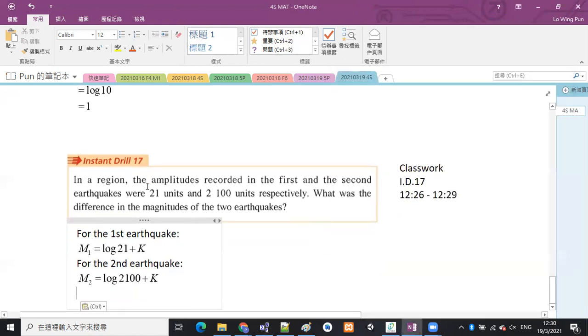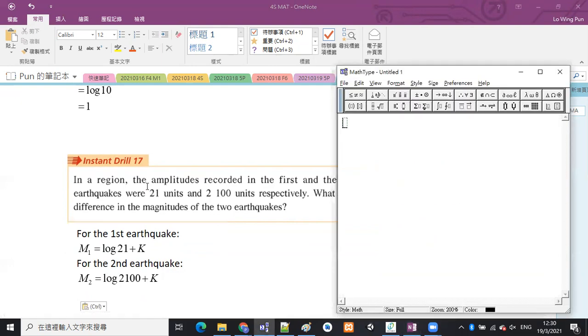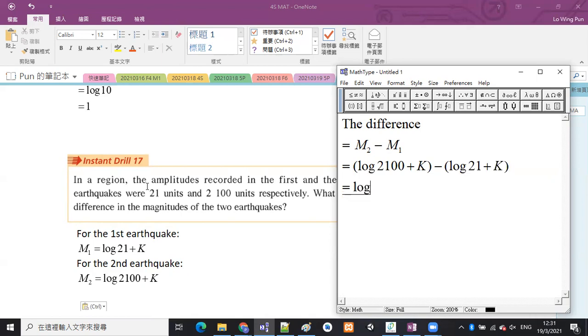Okay. And then when we want to find the difference, we use the larger magnitude to minus the smaller magnitude. So the difference is equal to M2 minus M1. Okay, so that should be this minus log 21 plus K. And then removing the brackets, the K and the minus K will be cancelled by each other.